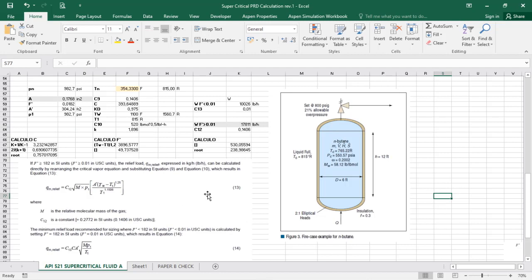So in this case, we'll use equation 13 or 14, but as I have my F dash as 0.0182, my equation of consideration will be this one here that represents equation 13. So in fact, I will use this equation to calculate the required relief of my pressure safety device. That will give me, in this case, around 17,811 pounds per hour of fluid.